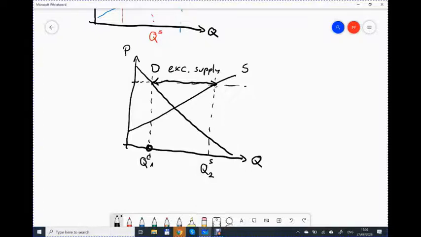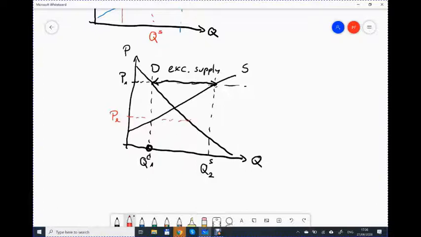Let's see another possible situation when we have low prices. So if here, for example, I can say P1 was the previous price, but instead now we have P2. What's going to happen is just the reverse of the previous case.